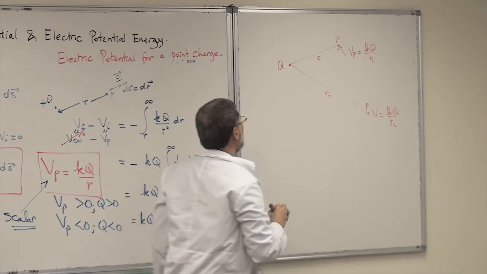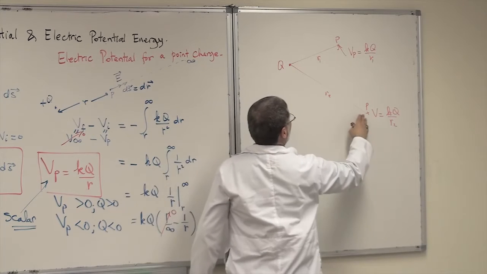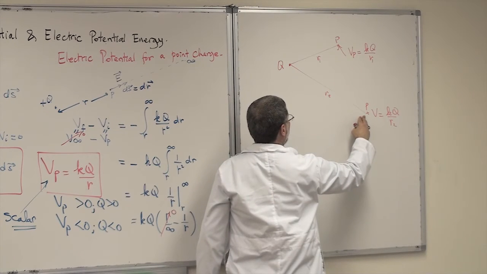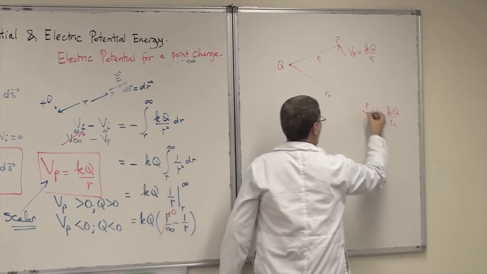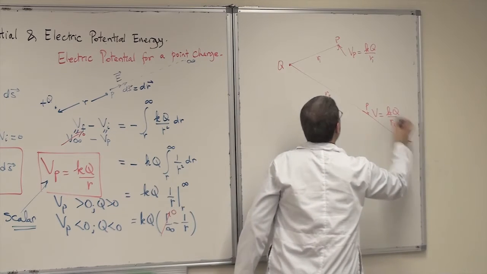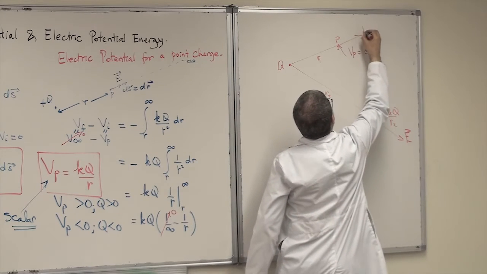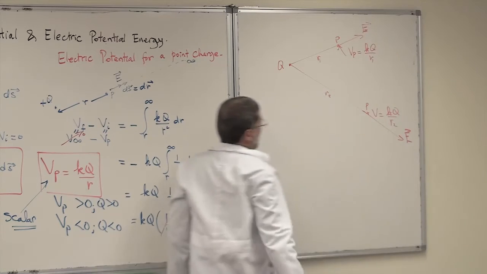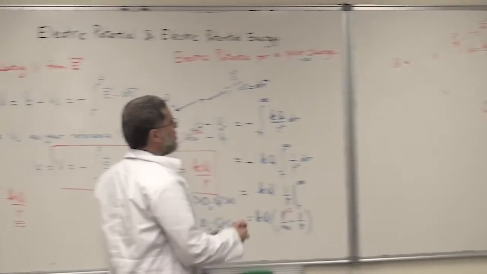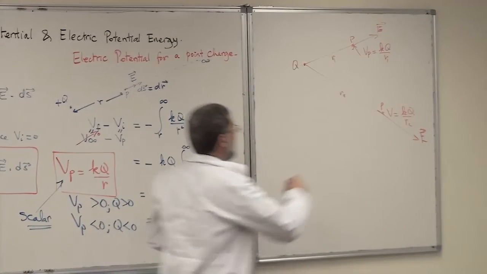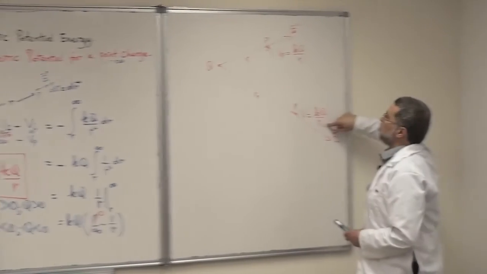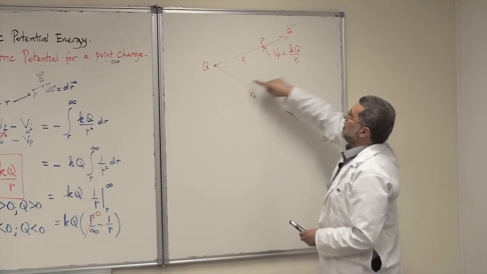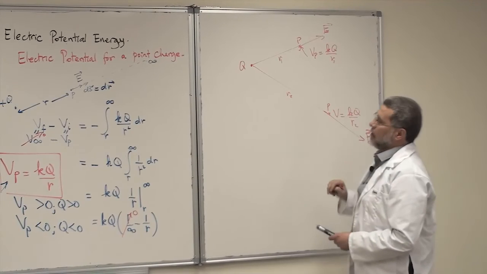You see that? So if you move away from the charge, the potential decreases. Of course, there's an electric field here everywhere. As you move away from a positive charge, the potential decreases because R increases. As you move closer to the charge, the potential increases because R is going to decrease.